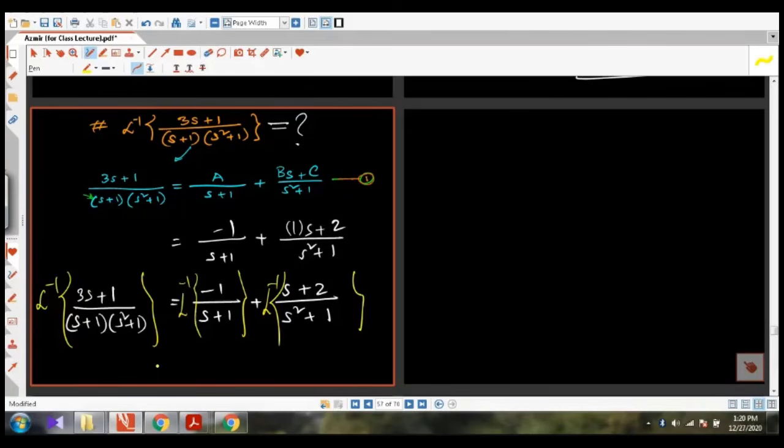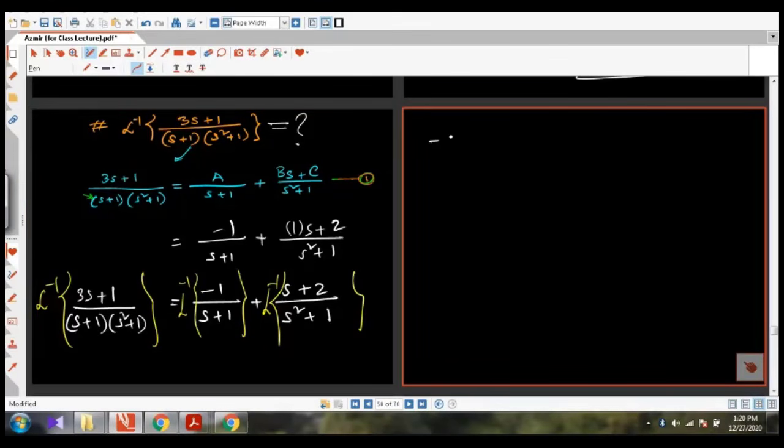Is it okay? Yes, sir. So this is our given question on the left side, and it will be equal to the right side. If we can get the results on the right side, then that will be the result for the given question.